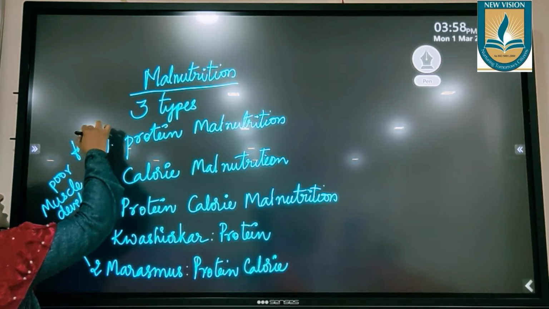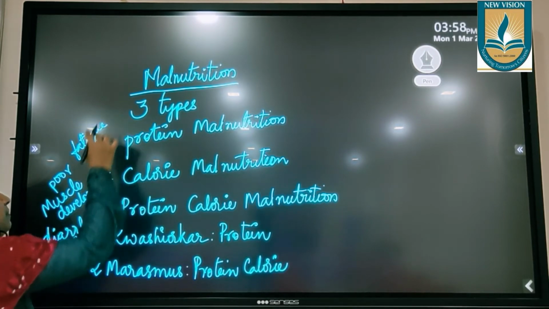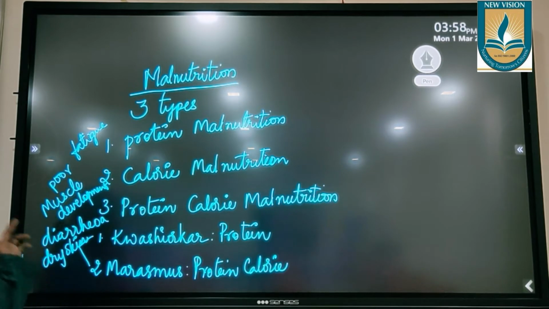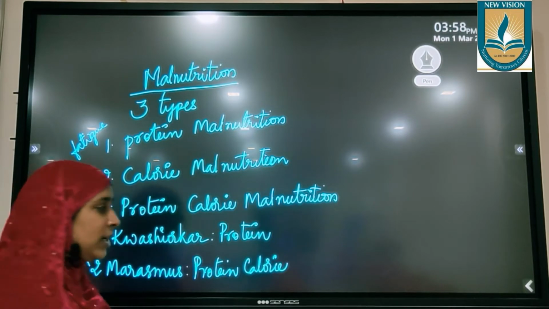Fatigue means getting tired very soon. These are the symptoms of both the diseases. Whether you have kwashiorkor or marasmus, you get excess diarrhea, dry skin, less muscle development, and fatigue. But there is a difference between kwashiorkor and marasmus.